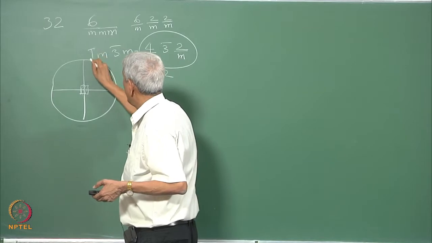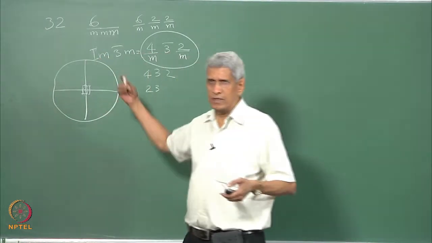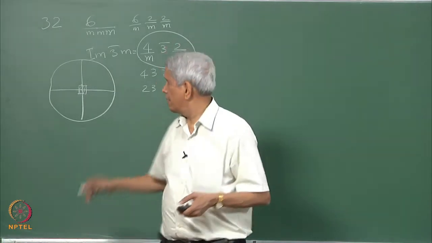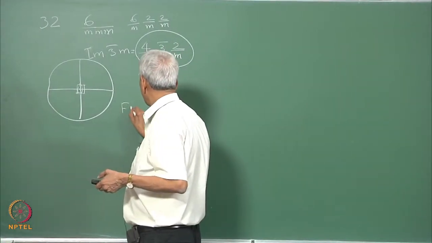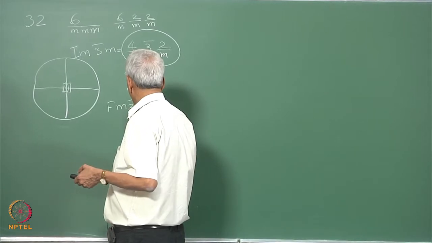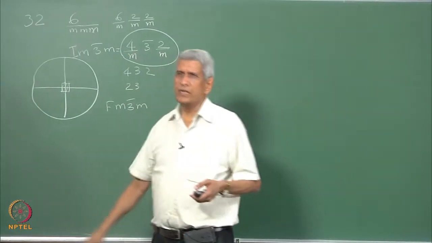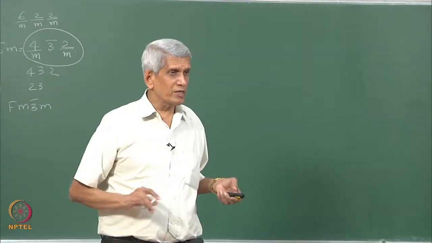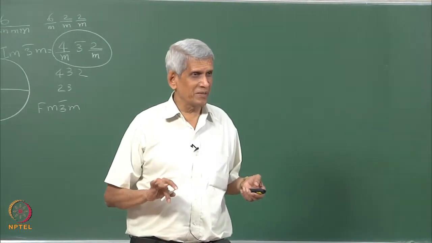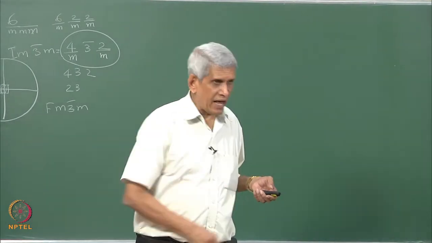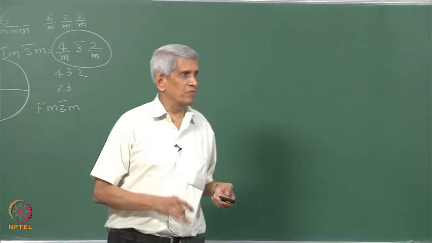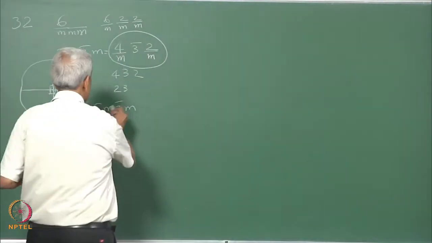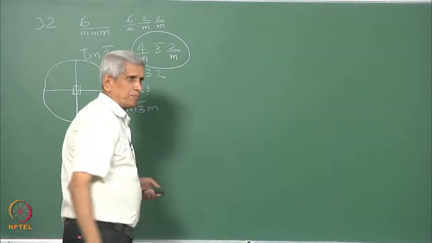If I put I in front of it, it becomes body centered, and if we put F, then it becomes face centered. But the point group symmetry which this cubic lattice exhibits, whether it is primitive or simple cubic, is essentially the same.